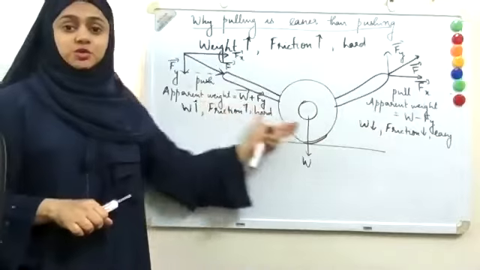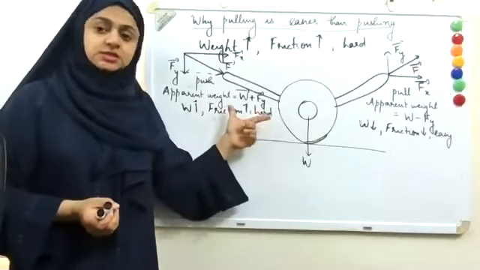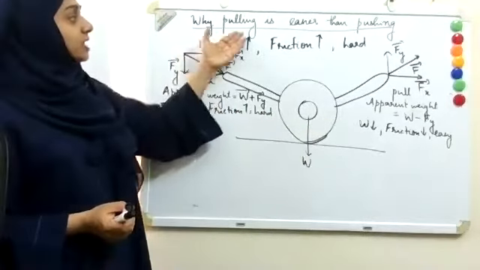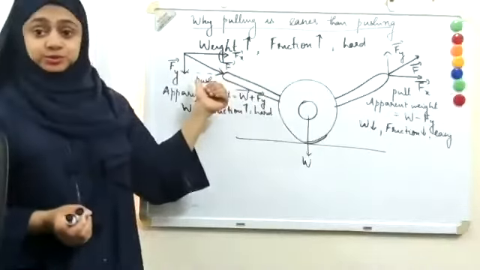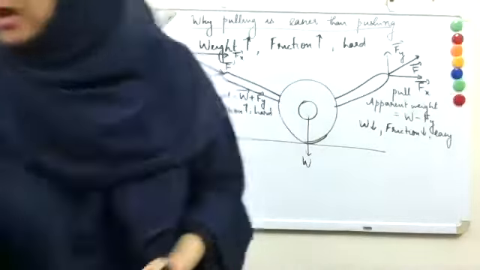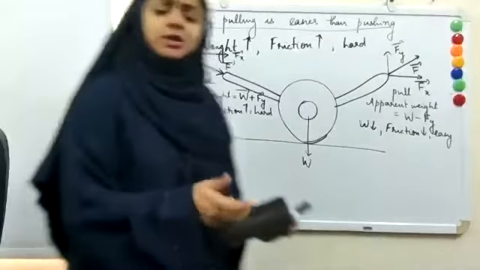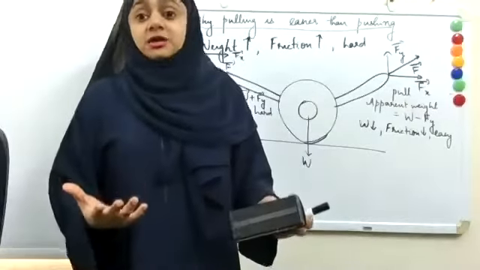Is this clear to you? Is this reasoning clear to you? Yes, teacher. Okay. It is easier to pull something than to push a weight. Now, let us see why while pulling, we have to use a longer rope than a shorter rope.